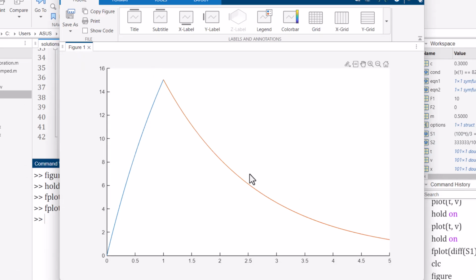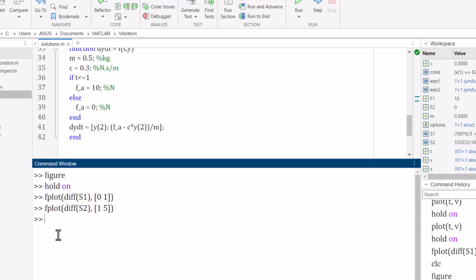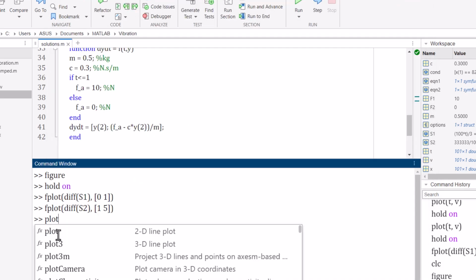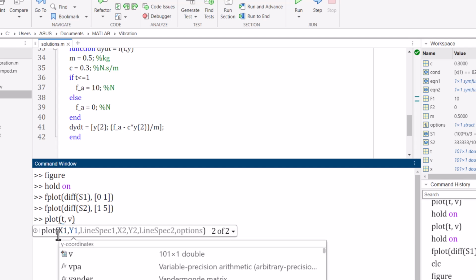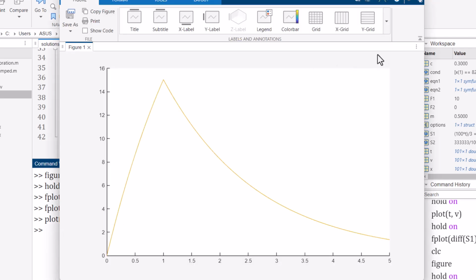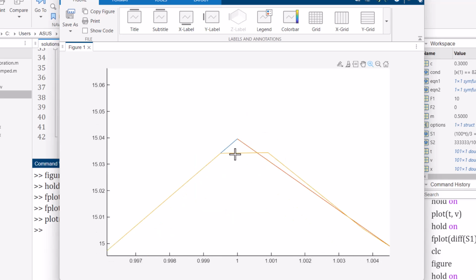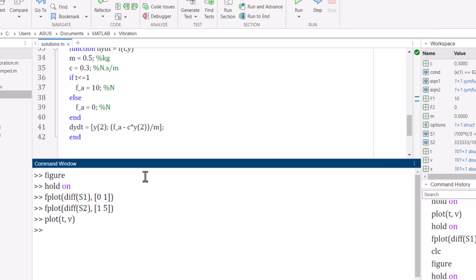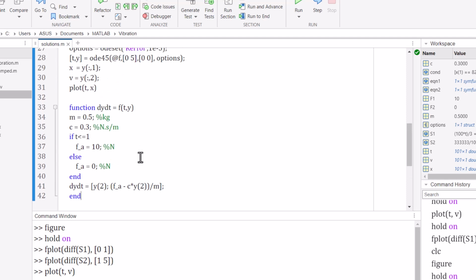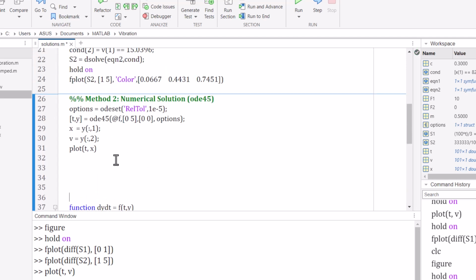So this is the solution of the dsolve command. And I can plot t comma v, and this is going to be the solution of the ODE45 command. If I zoom in, I can see the deviation here. And that concludes method 2.